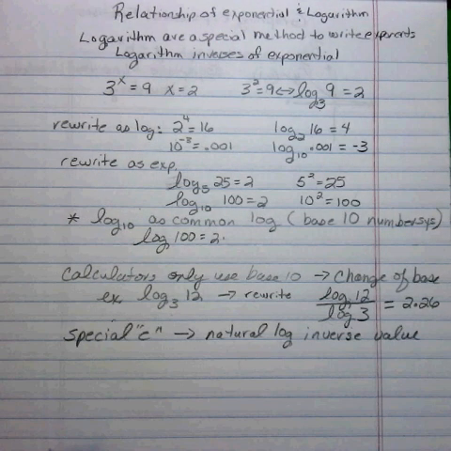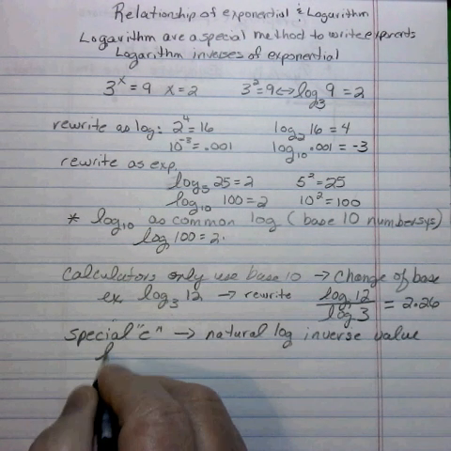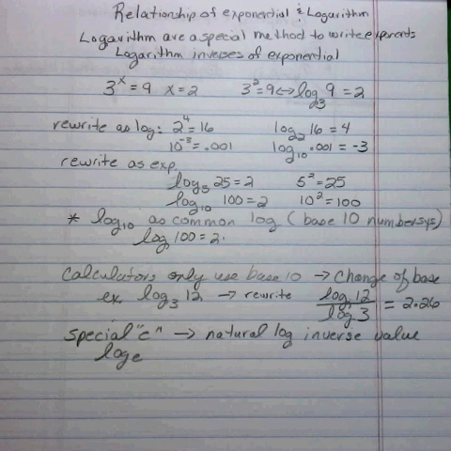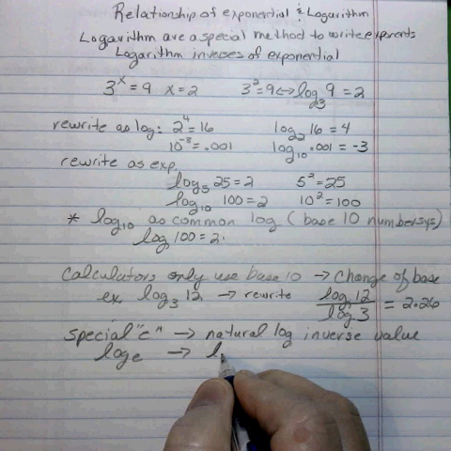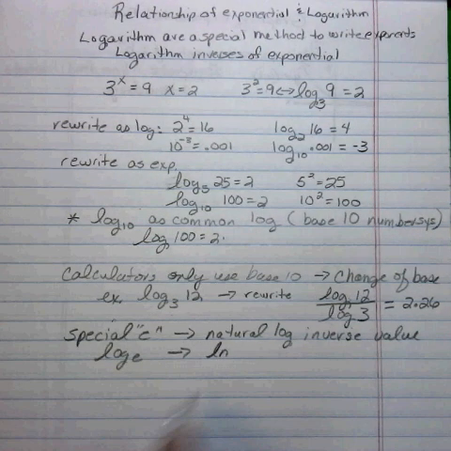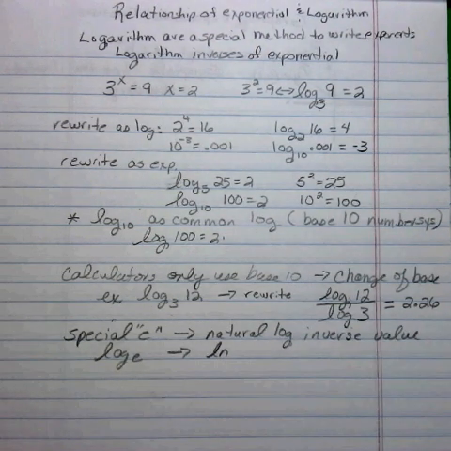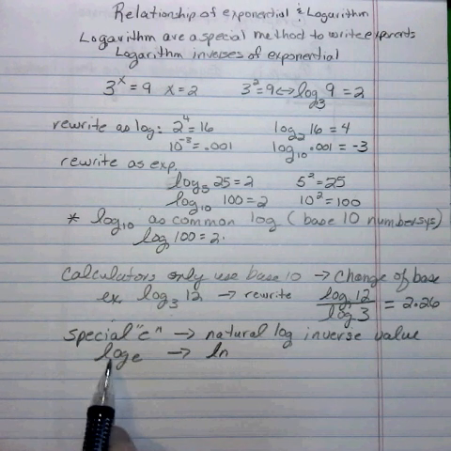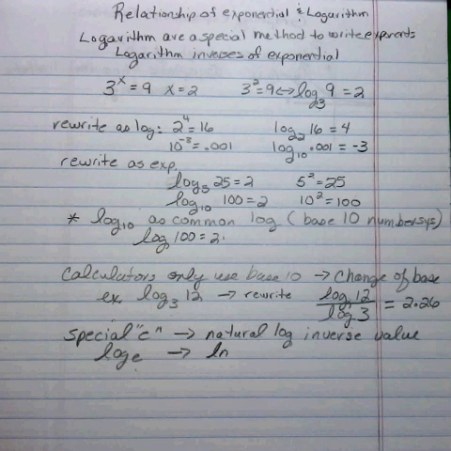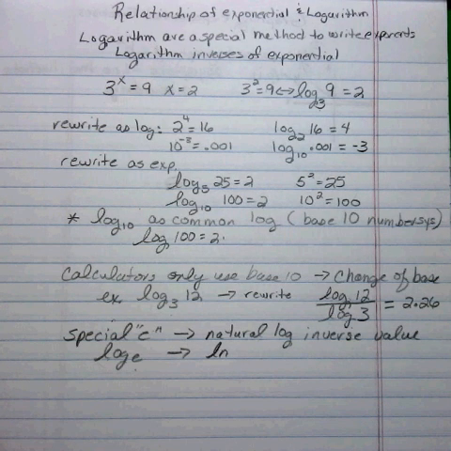And a natural log, you could write log base e, but you can also use what's called LN, which stands for natural log. And so that's a little easier to use than log base e for our special value of e.